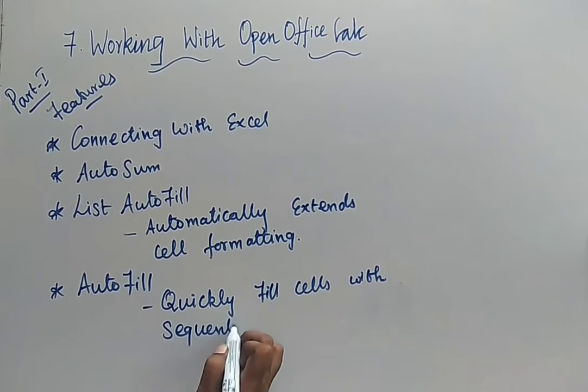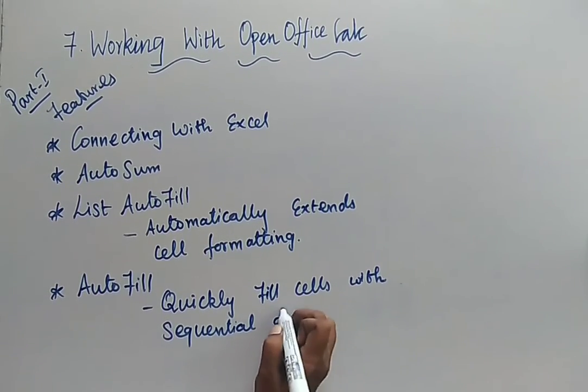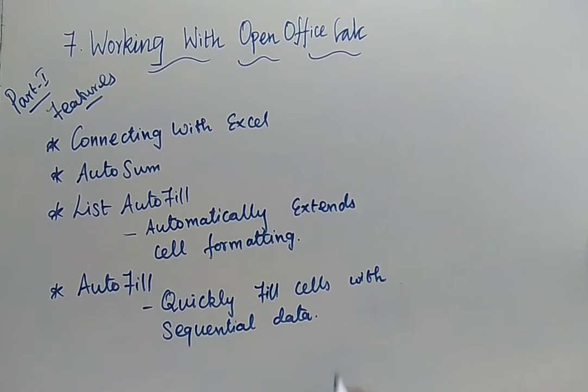Sequential means 1, 2, 3. For a simple example, if you are willing to enter the serial number, how will it proceed? 1, 2, 3, 4, till wherever you want to go.